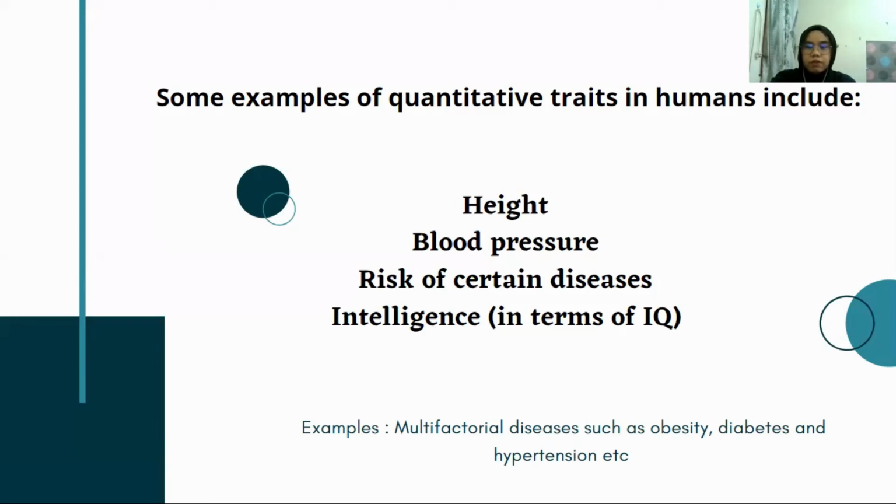In terms of environment, the examples are multifactorial diseases such as obesity, diabetes, and hypertension. Then we can take other examples of quantitative traits, which are height, disease severity, brain weight, and many more.